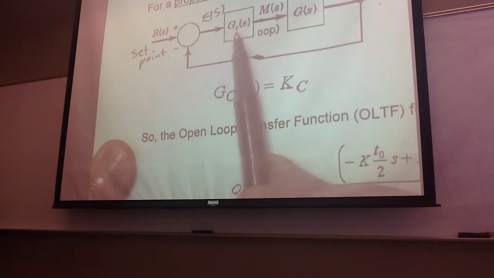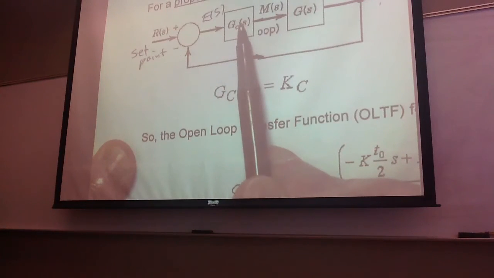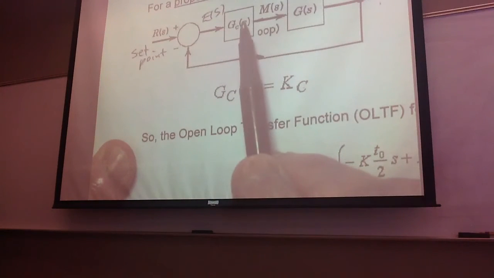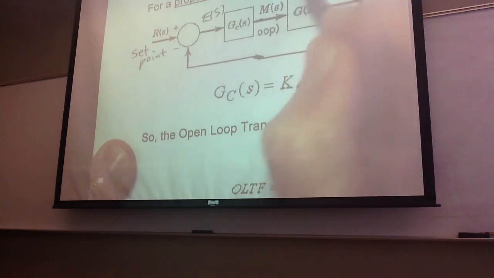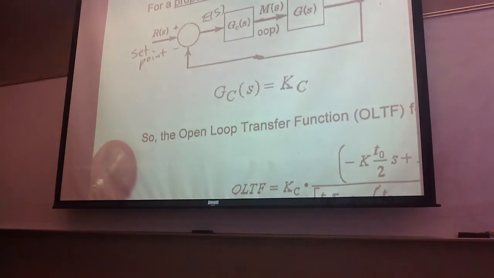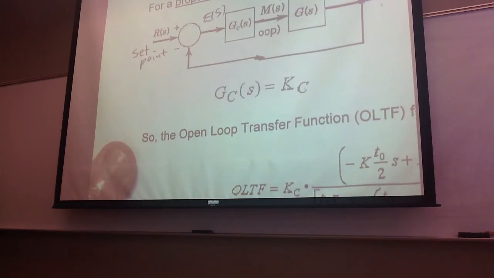You put that into the controller. The controller is just a constant. You're right, it's in the Laplace domain. So you multiply that error by the constant, and M is therefore equal to E of S times K sub C. It's that simple.